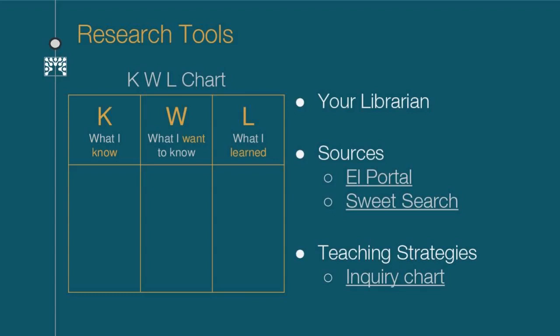So sometimes if you use one of these search engines, there's several different ones. The one that we list here is called Sweet Search. I believe Google also has their own kid-friendly search engine. I think it's called Kiddle. These are great because the interface is kid-friendly, and the hits that come up in their search results tend to be age-appropriate, written for a younger audience and at a lower reading level.